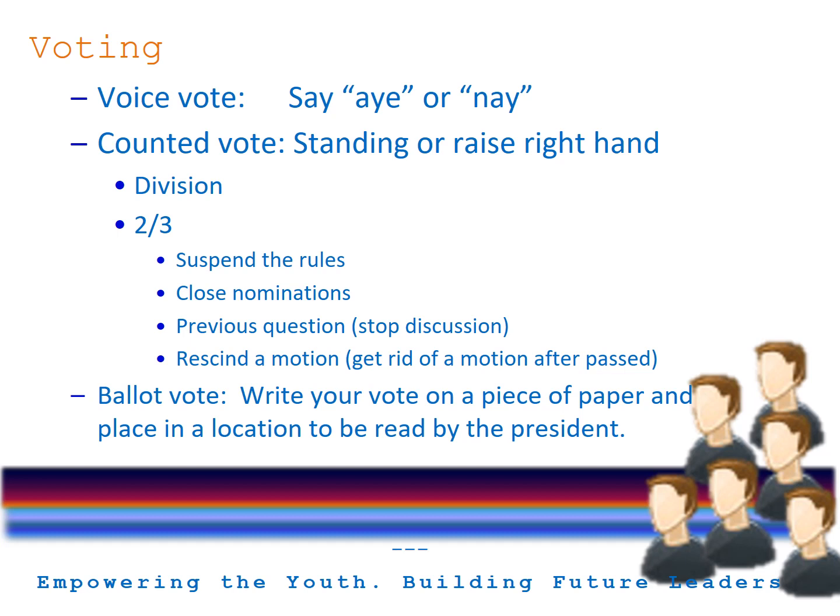For voting, we have different types of voting. We have voice vote. For example, the chairman would say, those who are in favor of the motion, please say aye. Those who oppose, please say nay.